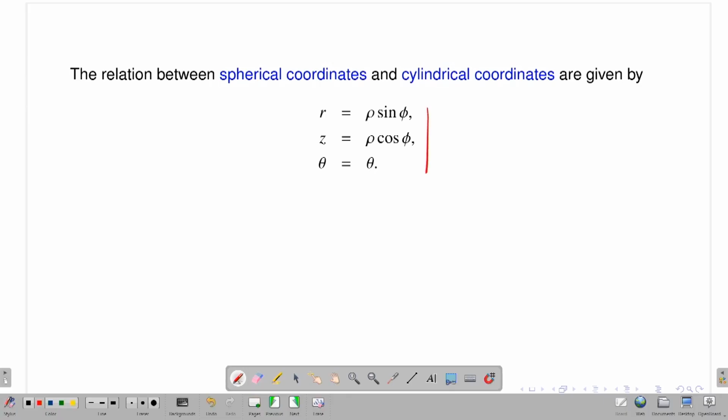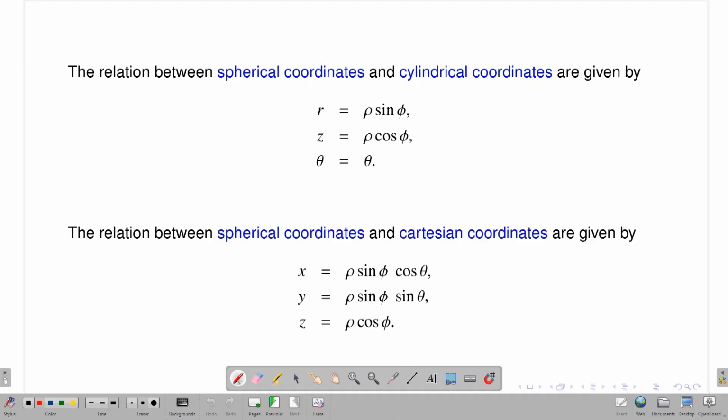So, spherical coordinates are rho, phi, theta and cylindrical coordinates are r, theta, z. Okay. So, the relation between cylindrical and spherical coordinates is given by little r equal to rho sin phi, z equal to rho cos phi and theta equal to theta.